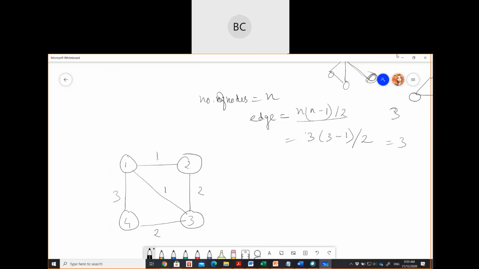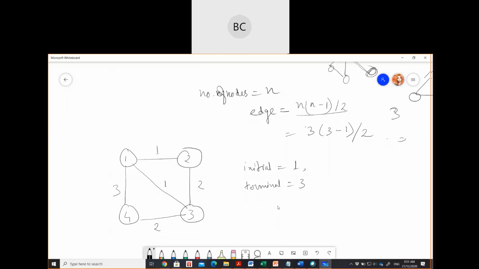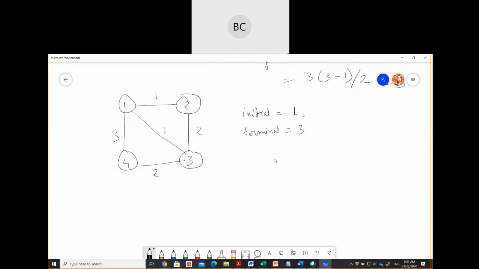Okay, if I'm saying I want to start from the node 1 and my destination or terminal is 3. Can you tell me what will be the possible paths from 1 to 3? This is my initial point and this is my destination.